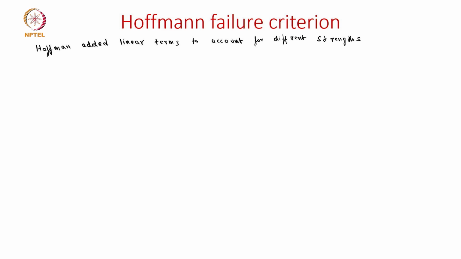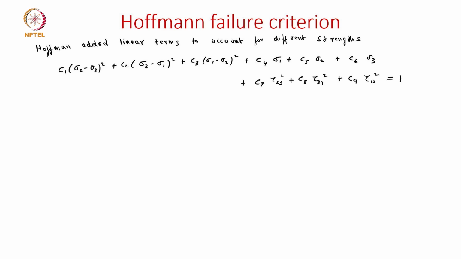So according to him, the expression is written in terms of... As you can see, there are 9 constants, C1 to C9. This will be related to the 9 strengths. What are the 9 strengths?